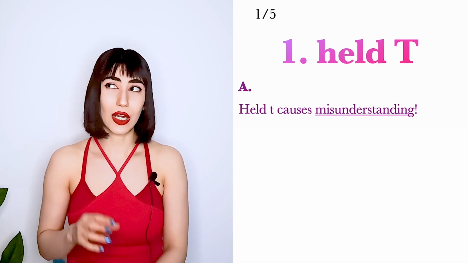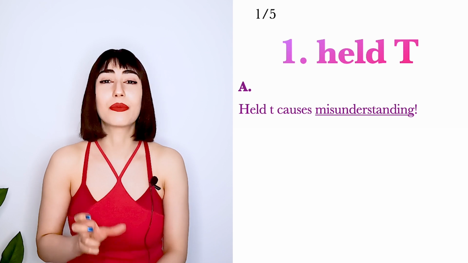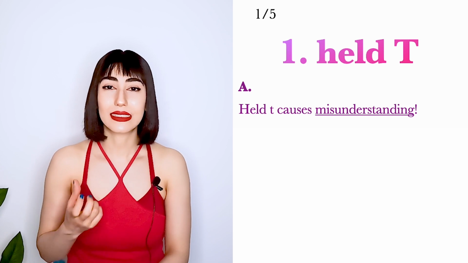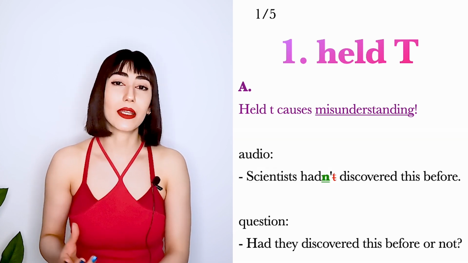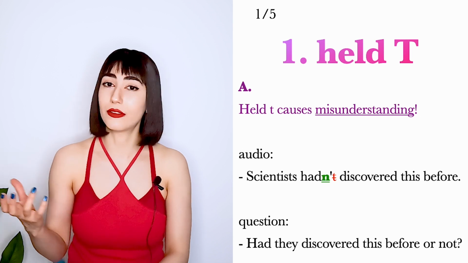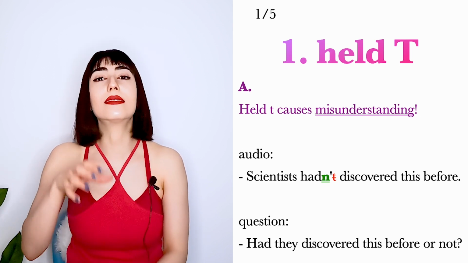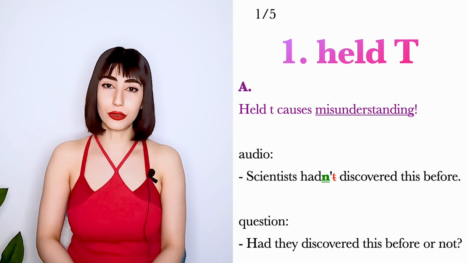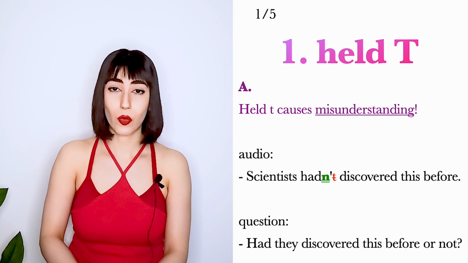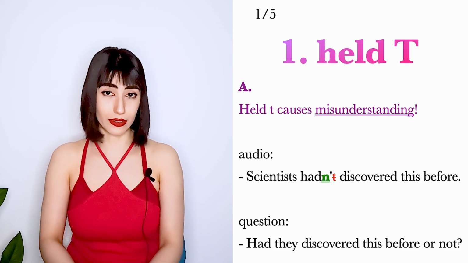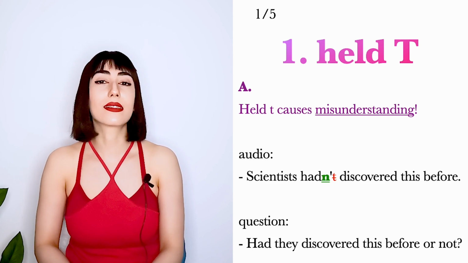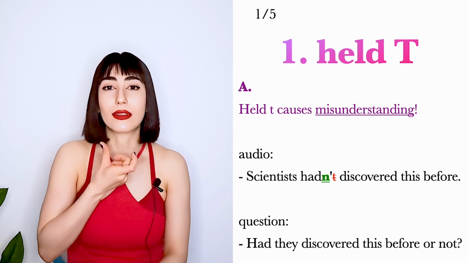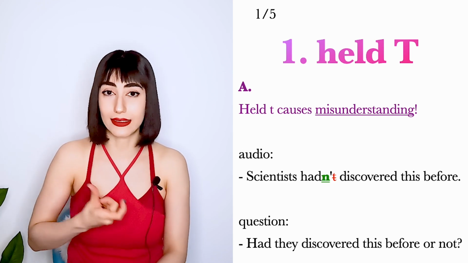These negative forms are the main cause of misunderstanding in many English exams. For example, the speaker in an IELTS exam would say, scientists hadn't discovered this before. And if you don't know this rule, if the question asks whether they had discovered or not, you may answer, yes, they had discovered, if you expect hearing that full T sound at the end of hadn't.